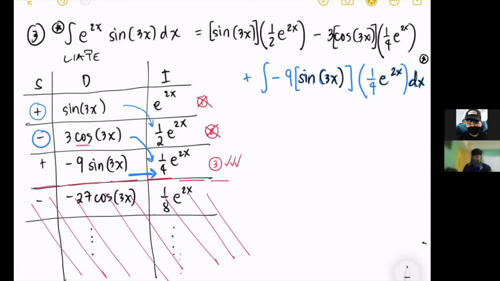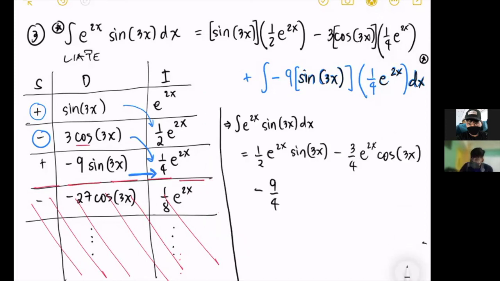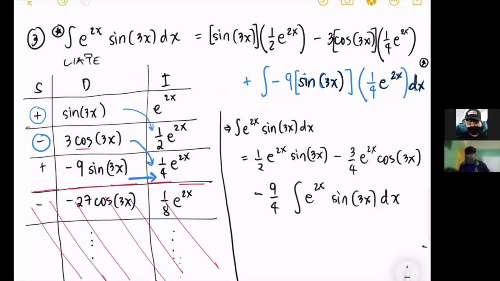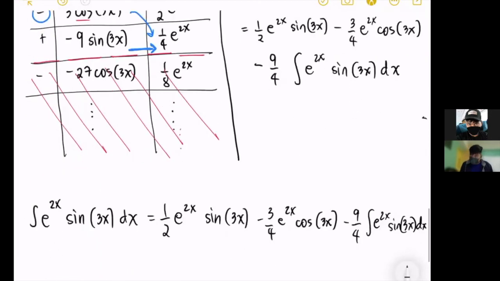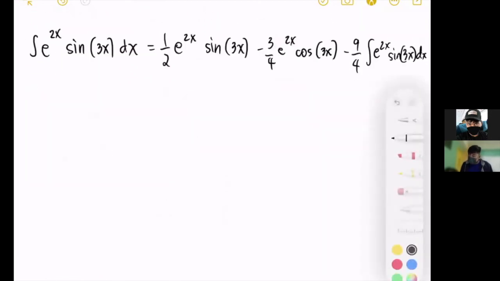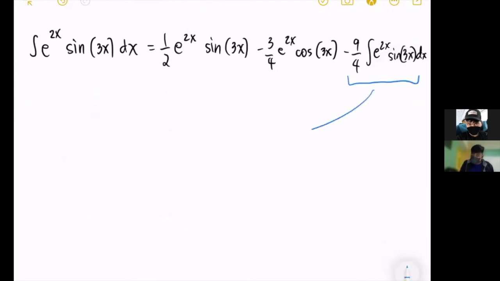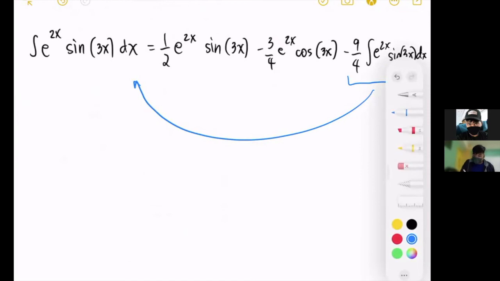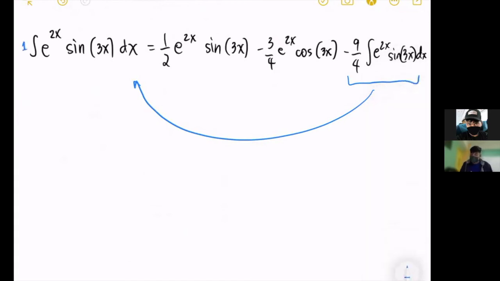So, ibig sabihin nito, meron akong, at kung isusulat ko ulit ito para lang mas malinis yung ating solution part, makikita natin na itong part na ito ay pwede nating i-transpose sa kabilang side at meron tayong 1 dito at meron naman tayong 9/4 nitong integral na ito.